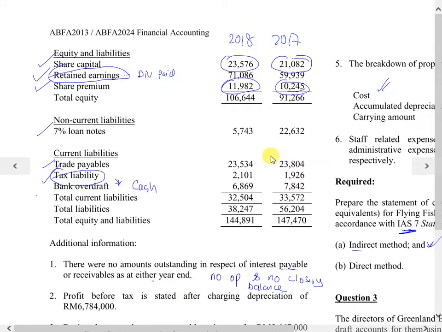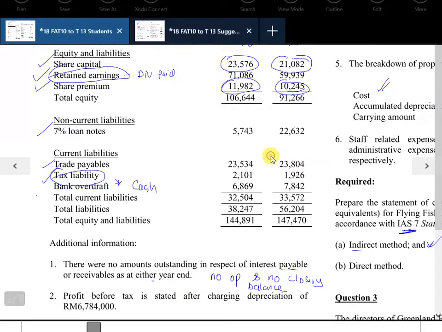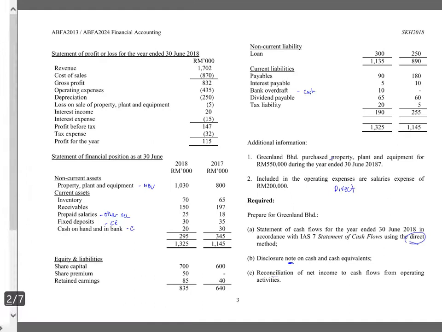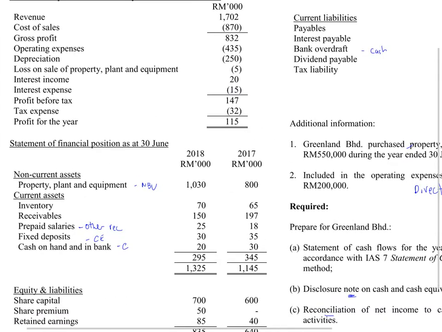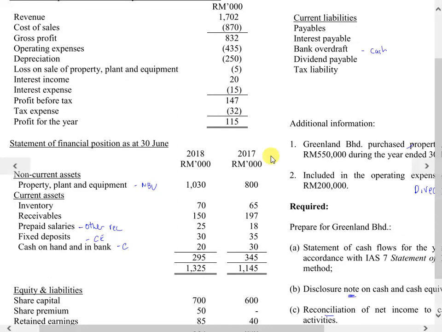So question 3 now. Let's start with cash flow from operating activities. The heading is cash flow from operating. Start with profit before tax. How much is my profit before tax? 147.